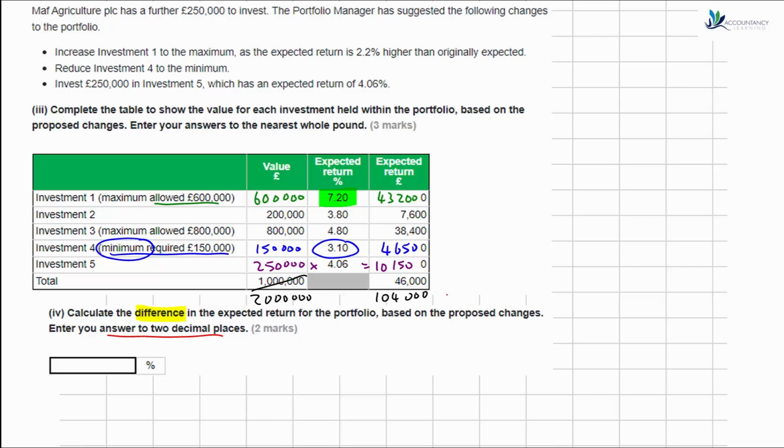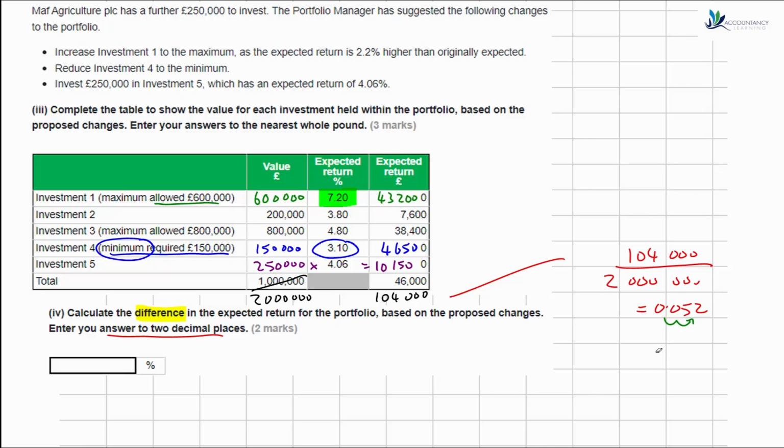So what we need to do then is work out, well, what is the expected return now? So we have our 104,000 and we want to divide by our 2 million, and that gives us a return of 0.052. And remember, if we want to express that as a percentage, we just need to move the decimal place 2 positions.